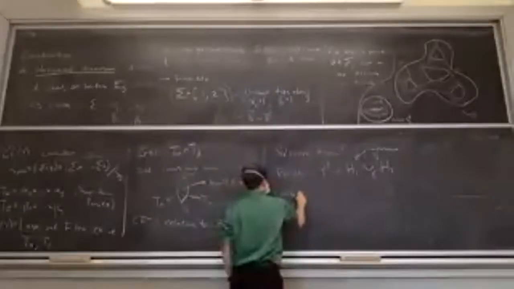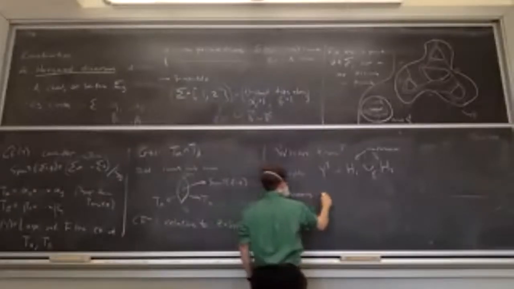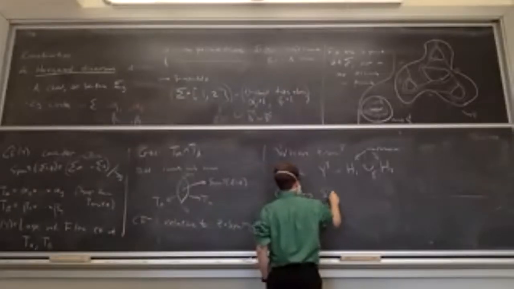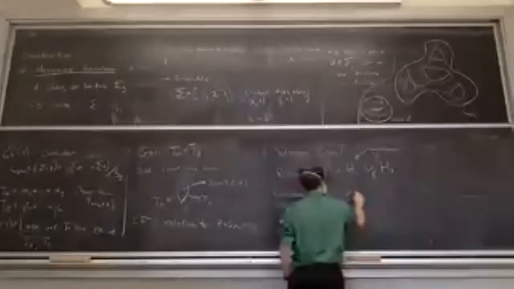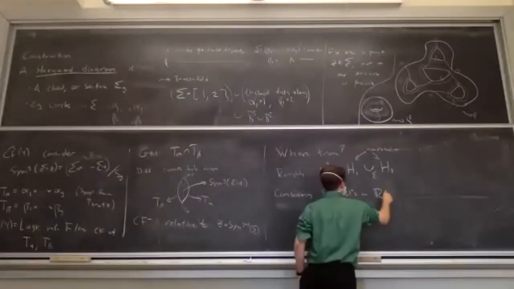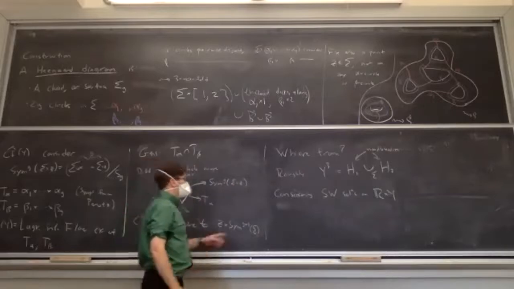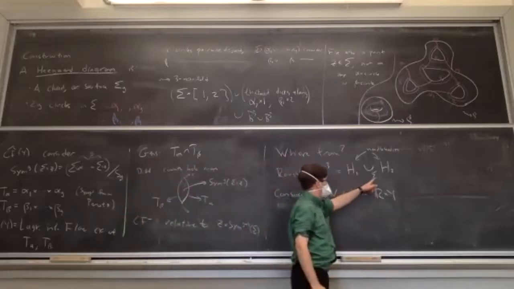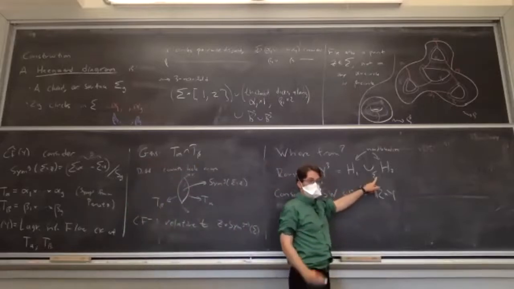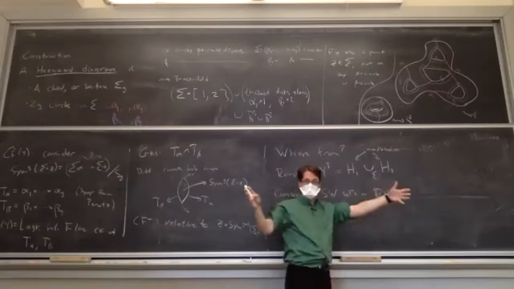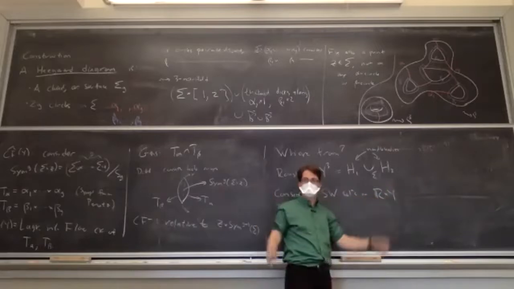And people were considering Seiberg-Witten solutions on R cross Y. That's where you would do Seiberg-Witten Floer homology. And people said, okay, they're going to choose a metric so that there's a very long neck near sigma. So you do some neck stretching along sigma, a long cylindrical piece near sigma.